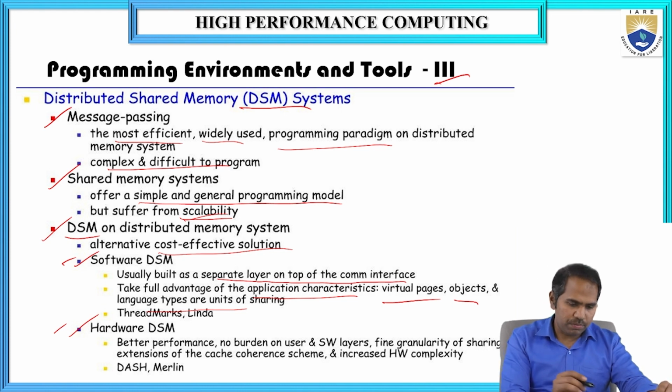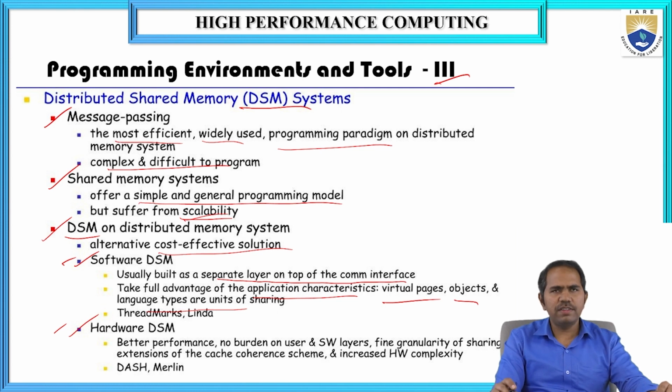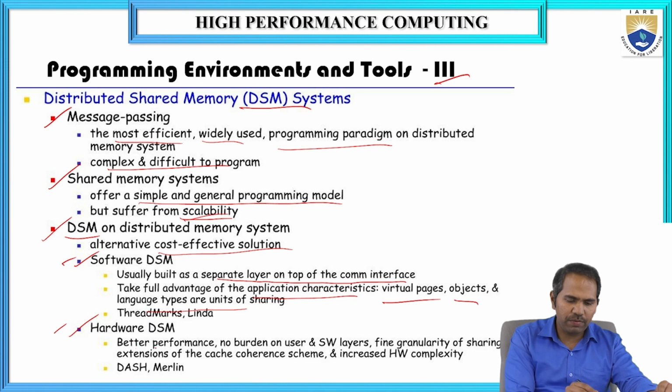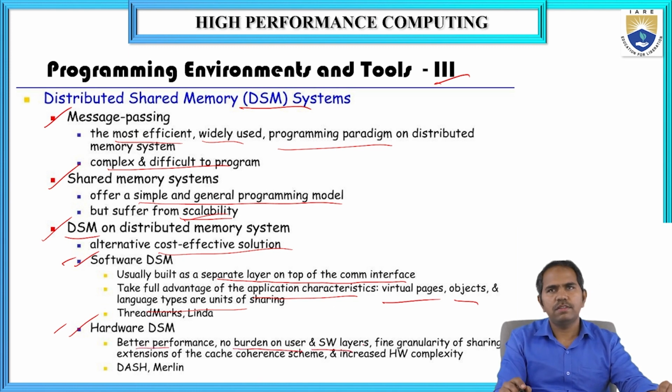Now, hardware DSMs. Hardware DSMs give better performance with no burden on users and software layers. They offer fine granularity of sharing, good for sharing, and are an extension of the cache coherence scheme, but they increase hardware complexity.